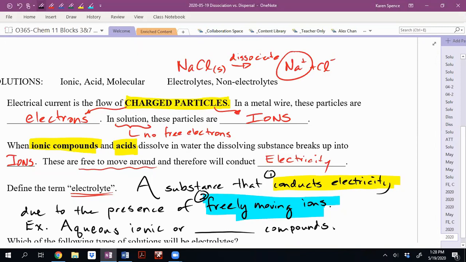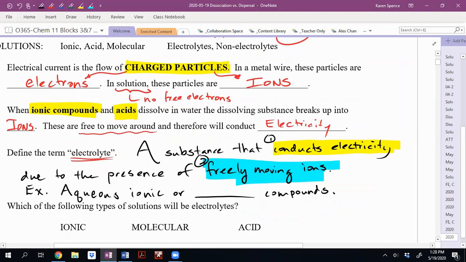What's the other kind of compound that dissolves to give us those freely moving ions? If we want an electrolyte, something with freely moving ions, we can dissolve an ionic compound in water, or what else can we dissolve in water?